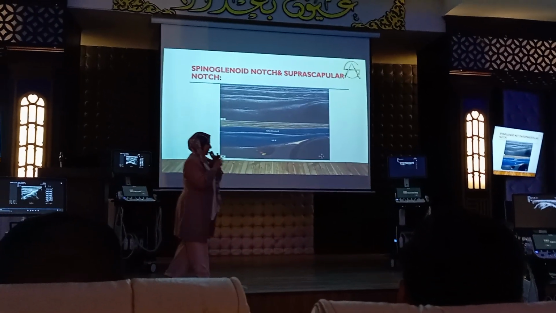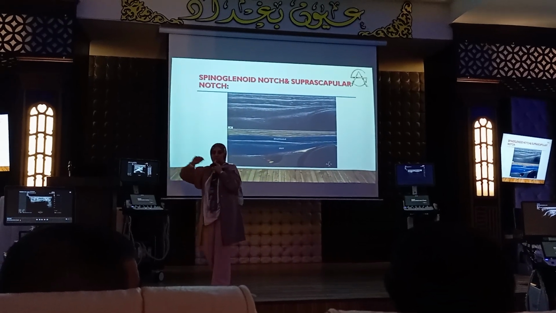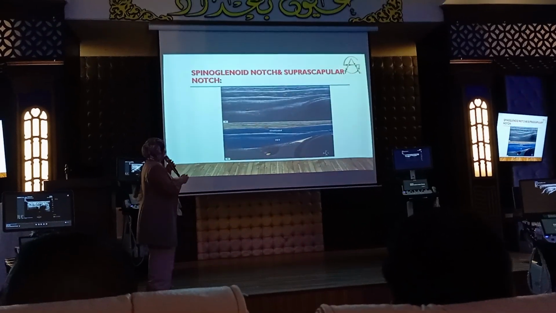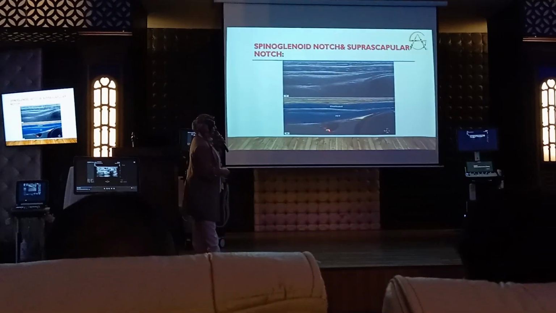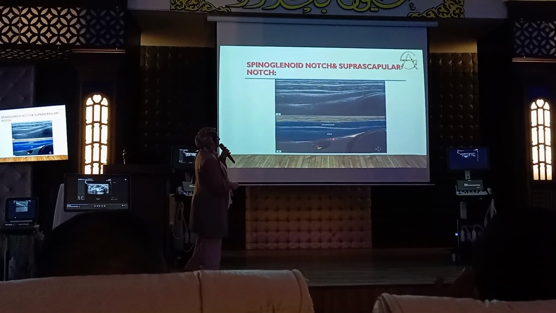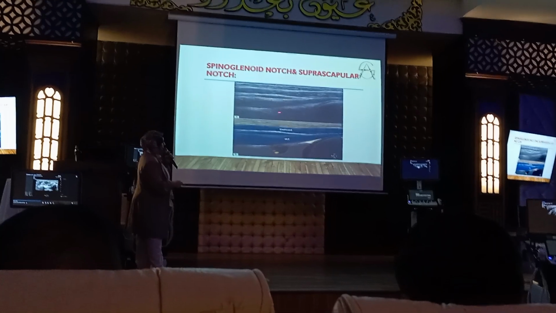When I continue examination of the infraspinatus muscle from medial to lateral until reaching the glenoid, there will be a defect just in front of it. This defect contains a blood vessel and nerve. This is the suprascapular nerve, and this is the spinoglenoid notch. The defect here is the suprascapular notch.